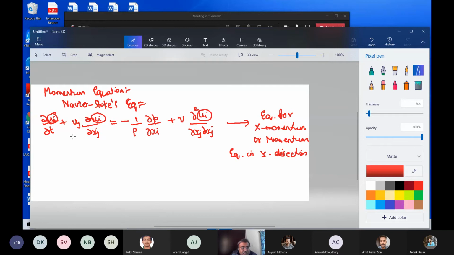Now I come to the second term, this one, uj ∂ui/∂xj. You see this j, when you have a summation, these are known as dummy indices. Why is it called a dummy index? The fact is that ∂ui/∂xi is equal to ∂uj/∂xj, because all of them are the same thing.